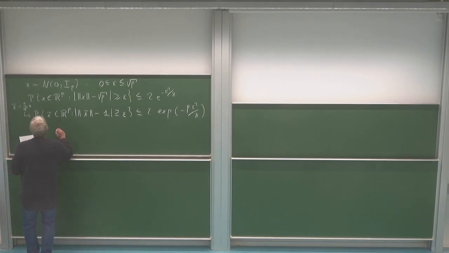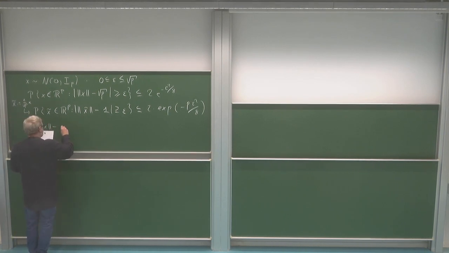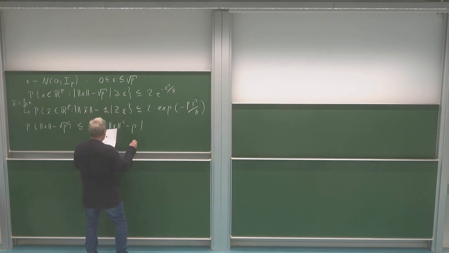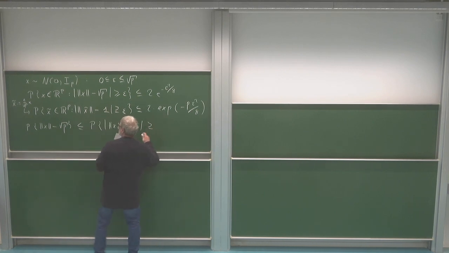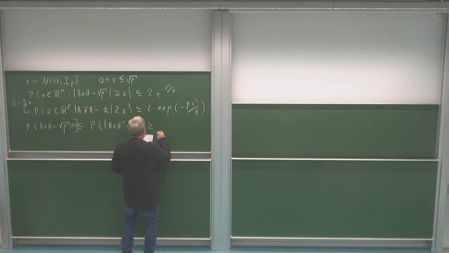So we started by estimating, but this was very simple, that if I want to compare the norm of x with the square root of p, I can estimate this by the corresponding problem, where I estimate the norm of x squared minus p bigger than epsilon. Here the epsilon is replaced by epsilon times the square root of p.